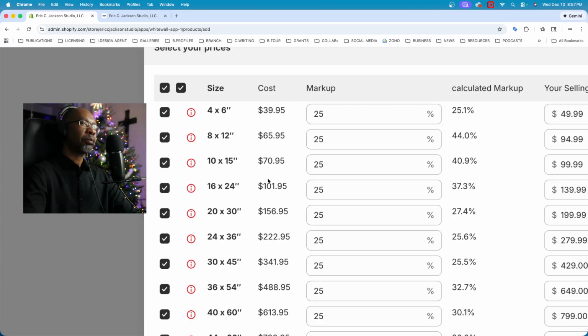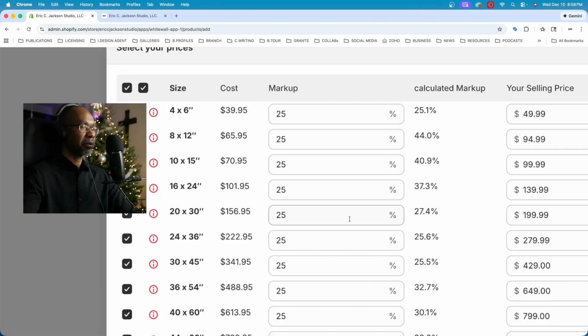So when the base price went up in the WhiteWall app, I'm guessing or assuming it changed or messed up the markup percentage. And I don't know if it was trying to correct the percentage to keep the total retail price the same, or the selling price the same. I'm not sure, but yes, the base price went up.